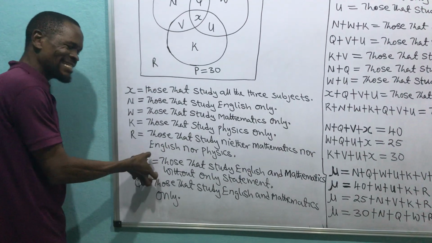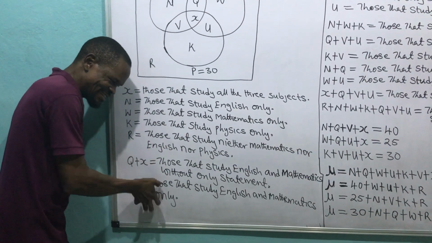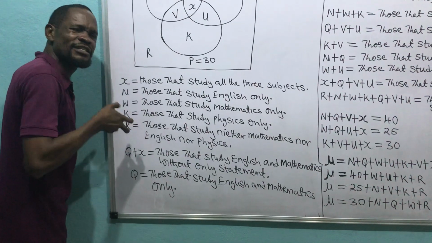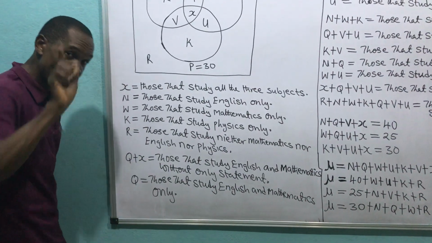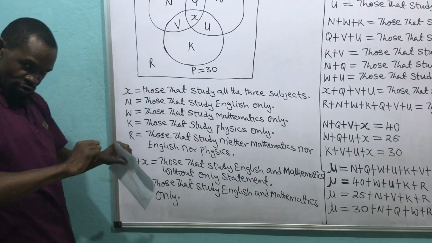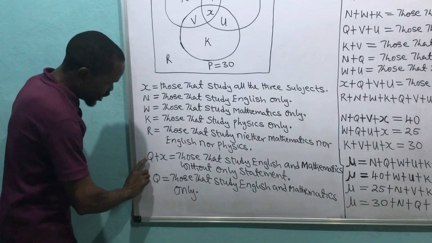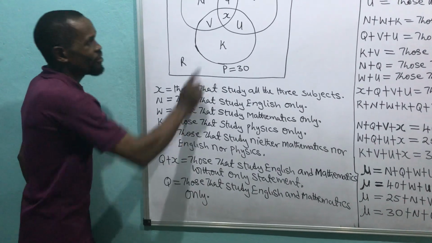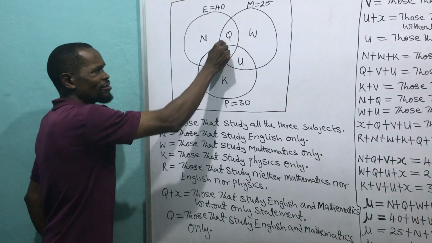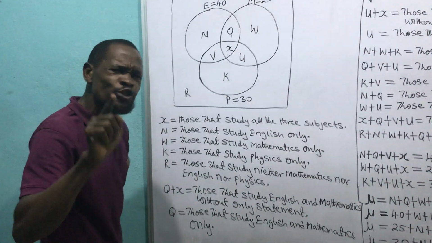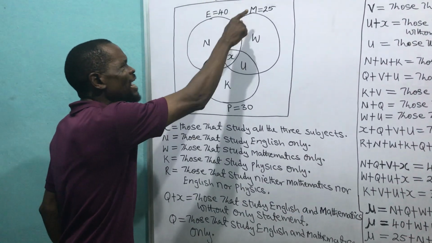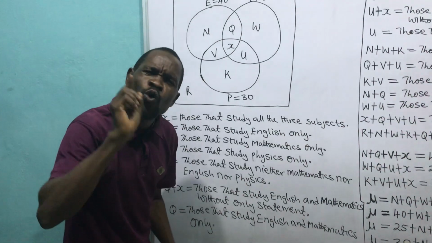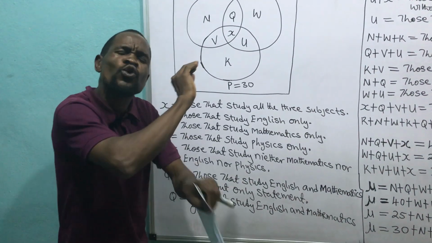Then look at where the secret is. Look at the secret of the three sets. Pay attention. Relax. I said Q plus R. Q plus R are those that study English and mathematics without the only statement. That means there's no only.